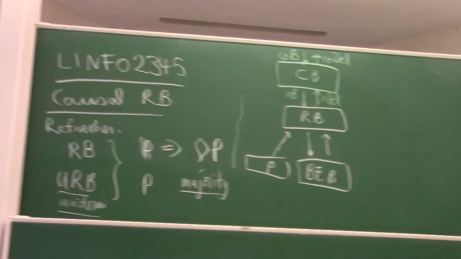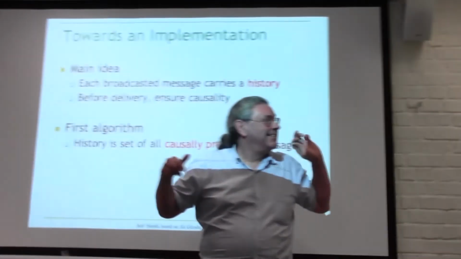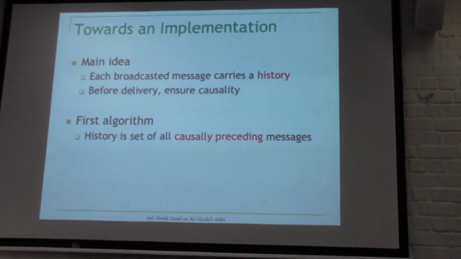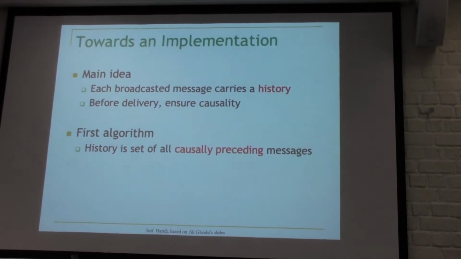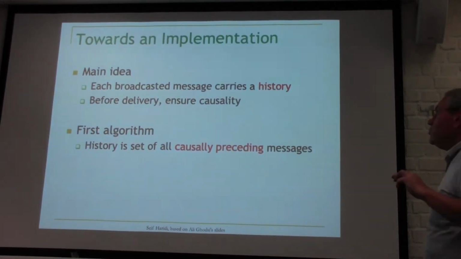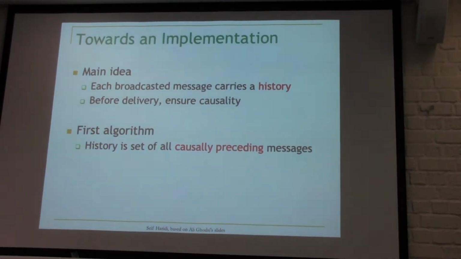Okay, so how do we implement this now? Actually, it's very easy if you think about it. We're going to use this reliable broadcast, but when we do a causal order broadcast, we're going to do a reliable broadcast, but not of the same message, of some other thing.